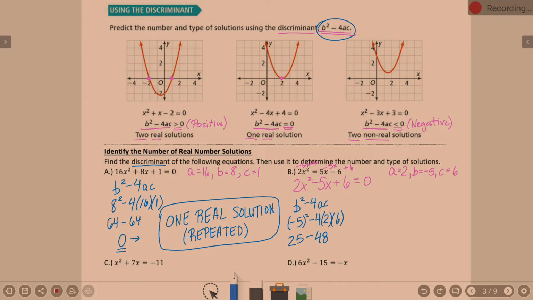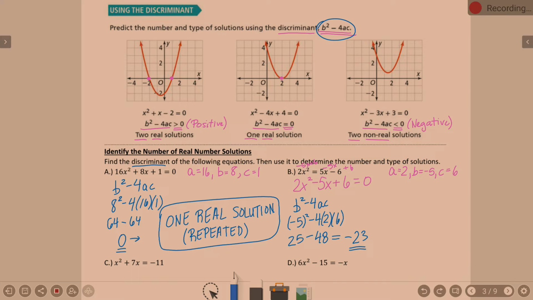Well, what do we know about 25 minus 48? It's negative, I know that. Negative 23. Okay. What's a negative value going to tell me? Two non-real solutions. This was like example B from the front, because on example B, we had the square root of negative 27.